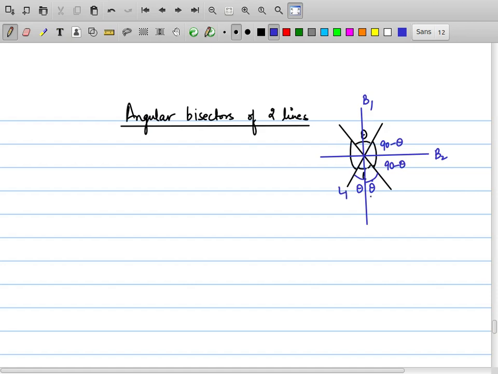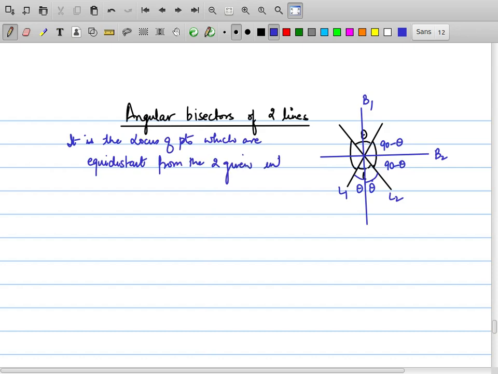If this is line L1 and this is line L2, we are interested in finding the equations of B1 and B2. So what is an angular bisector? The angular bisector is the locus of points which are equidistant from the two given intersecting lines.